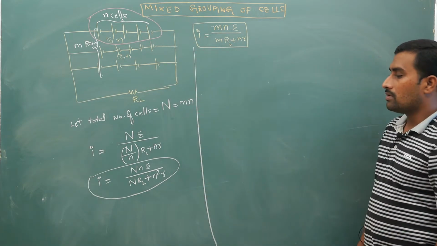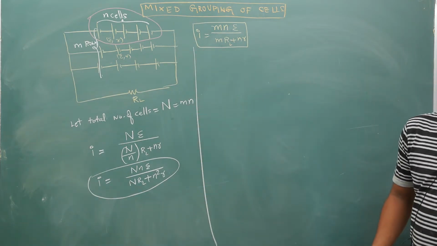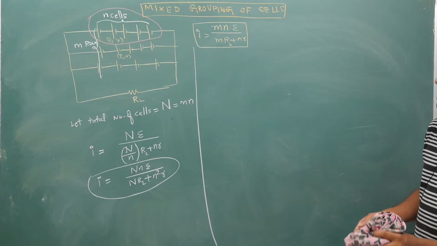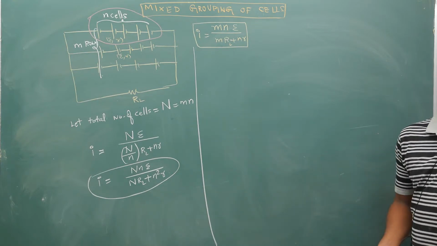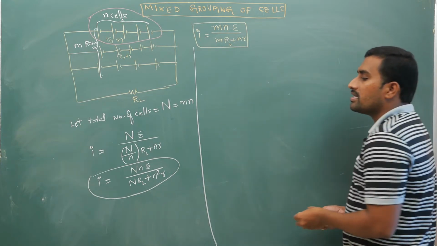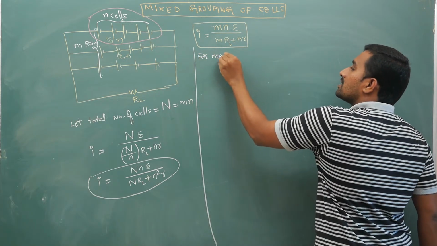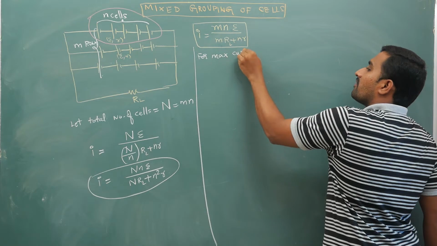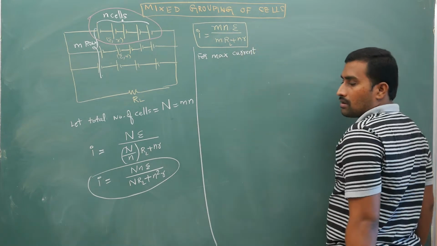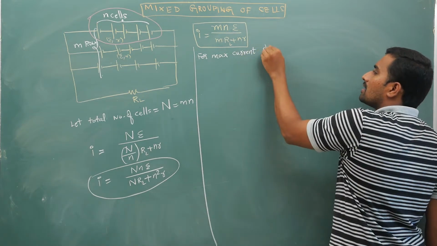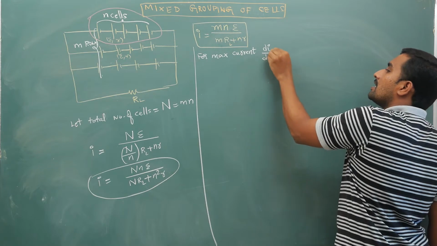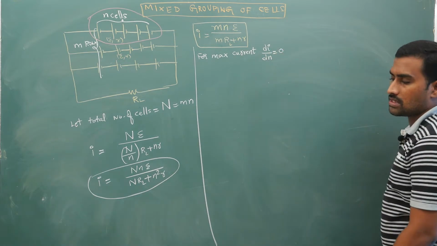Okay, now for current to be maximum, whenever a maximum value of a function occurs, its first derivative is 0. So for maximum current, what happens is your di by dn is equal to 0.